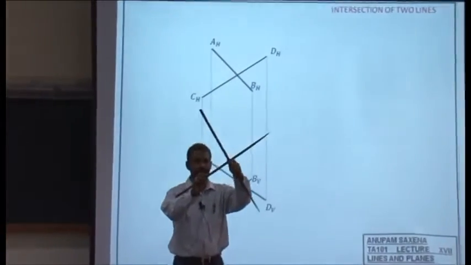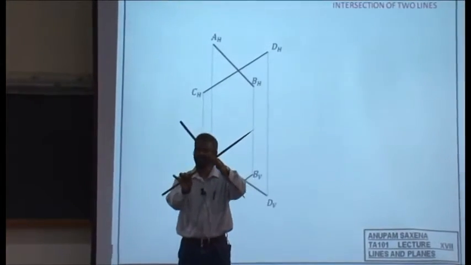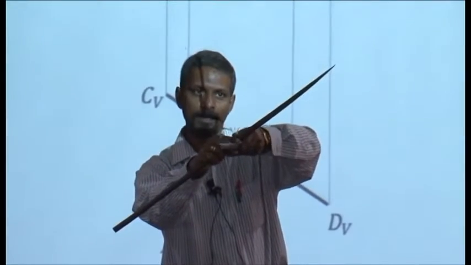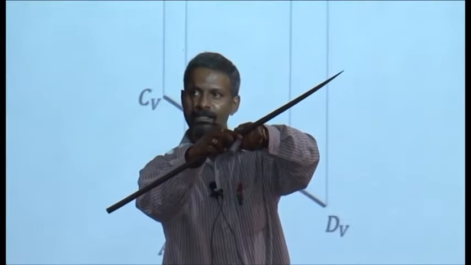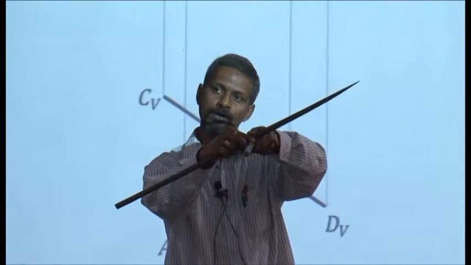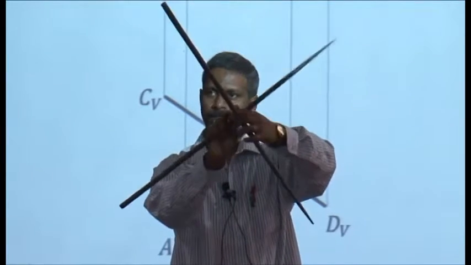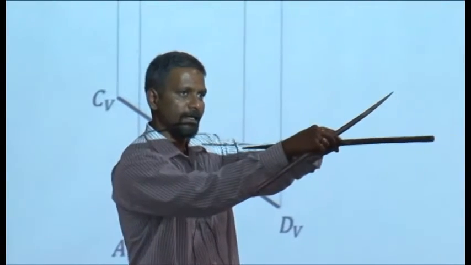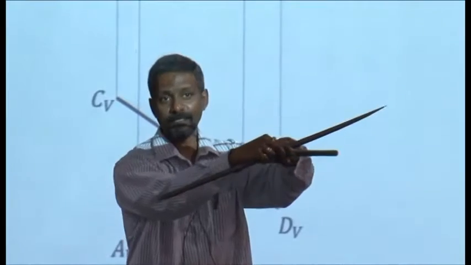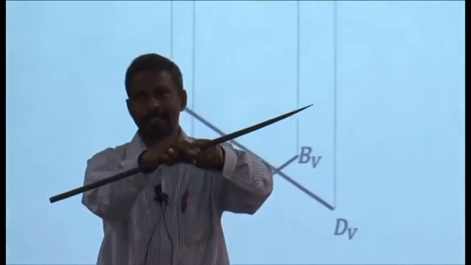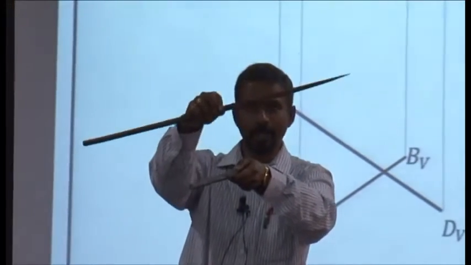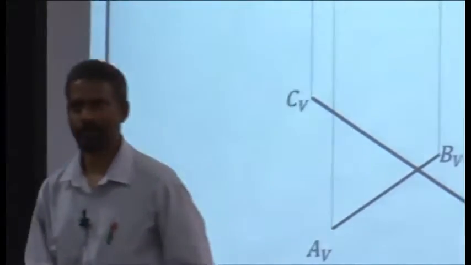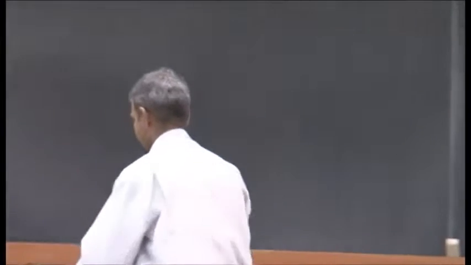If they are intersecting, if you happen to look at the point view of one of the lines, that has to lie on the other line, right? If it doesn't, they are not intersecting. If the point view of one of the lines is not on the other line, that means that they are not intersecting. Okay? Let's confirm.